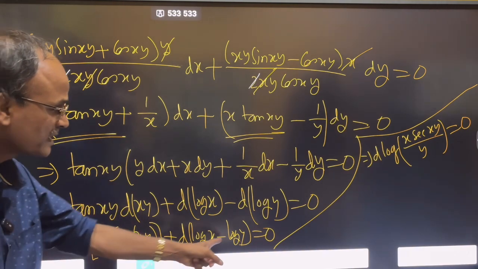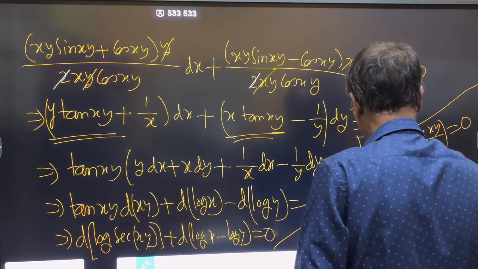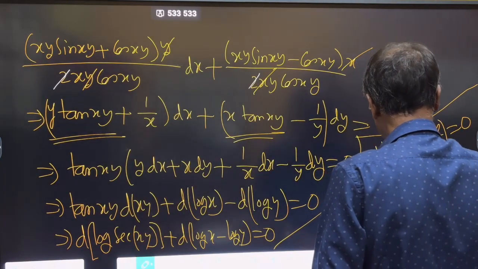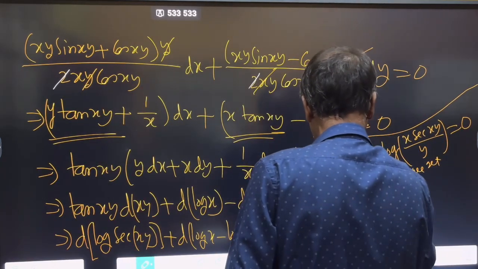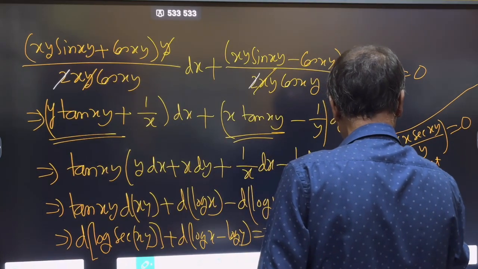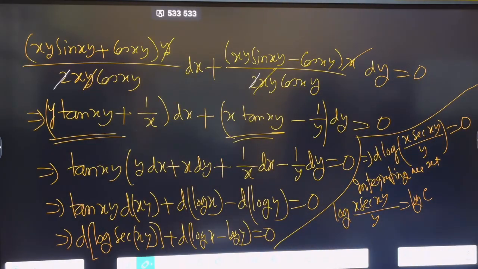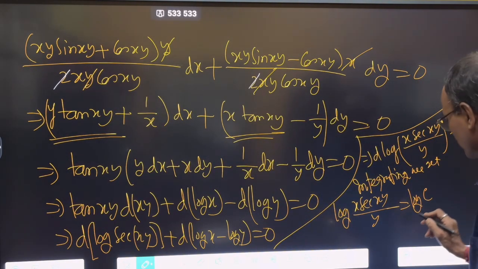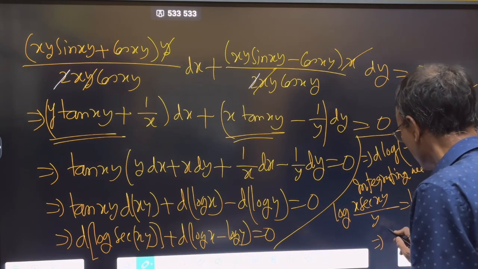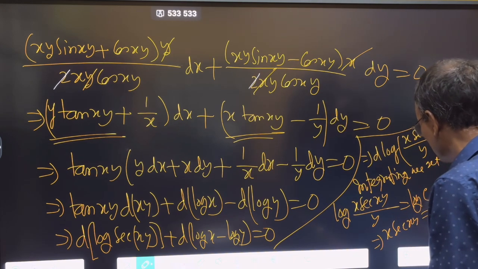Integrating, we get log of x sec xy divided by y equal to log of c. This means x sec xy equals cy.